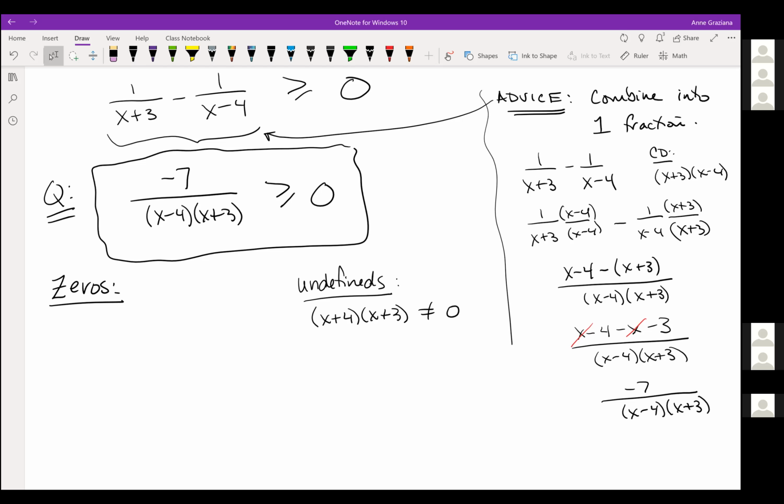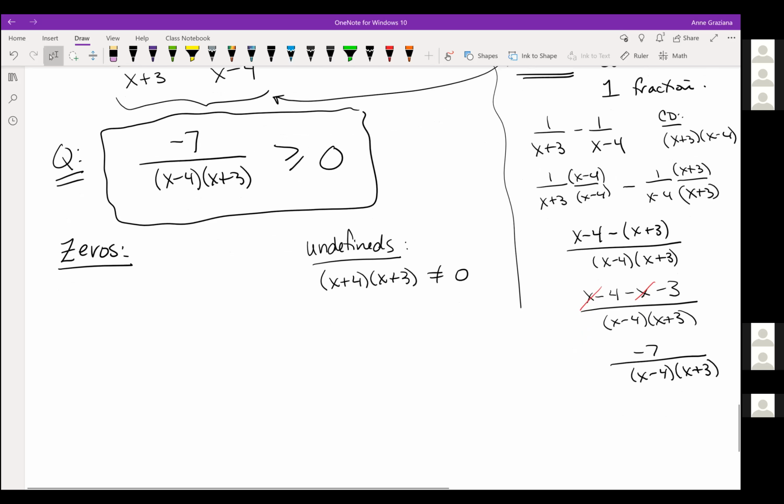I was looking at it like that, but in my head I was thinking that's finding zeros because you're finding what doesn't equal 0. But I got you now. I can see how that would be a little confusing. You're solving for 0 here too, but because you don't want to include them. So x minus 4 cannot equal 0. x plus 3 cannot equal 0. I'm sorry, this is supposed to be -4.